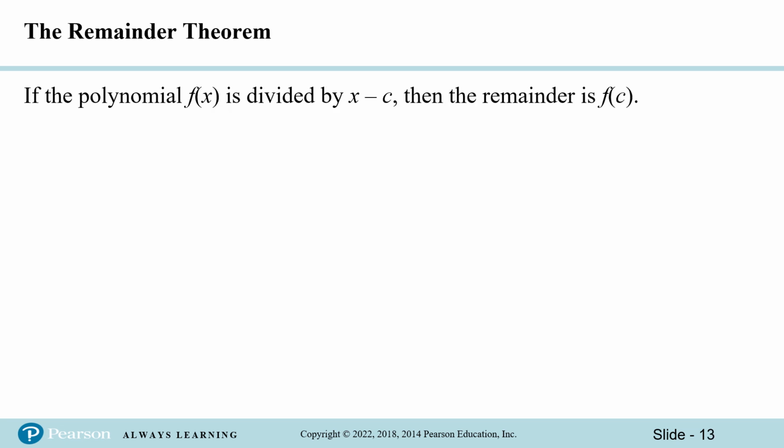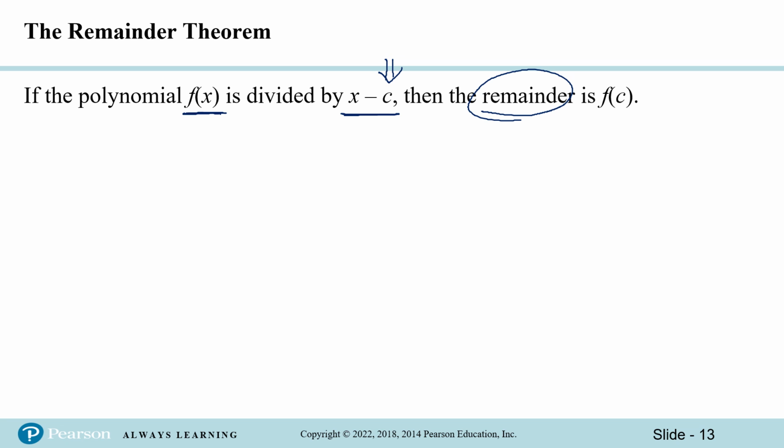Okay, the remainder theorem. The remainder theorem says that if I take a polynomial and divide it by x minus a constant, then the remainder is equal to f of that constant.